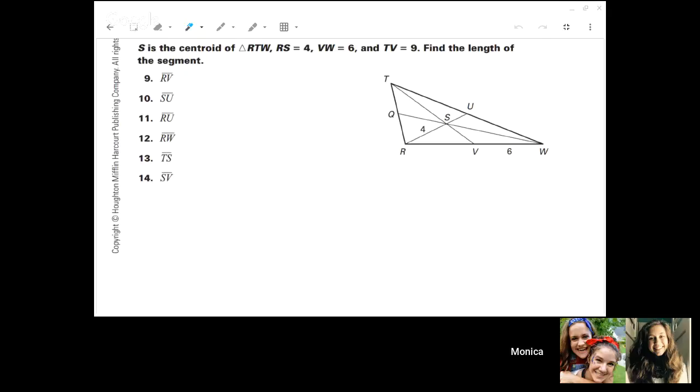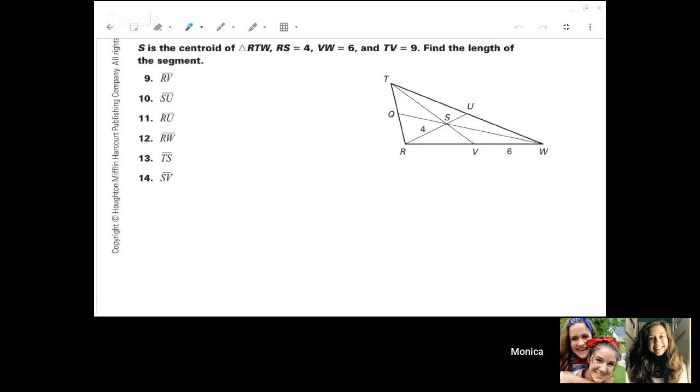Okay, so for that theorem, you see down at the bottom of the green box where it has AP is 2/3 of AE, BP is 2/3 of BF, and CP is 2/3 of CD.